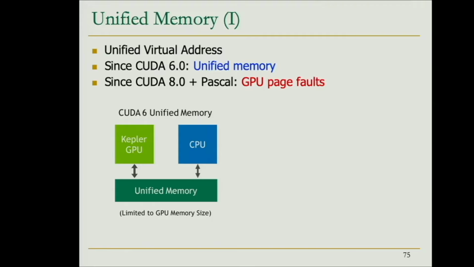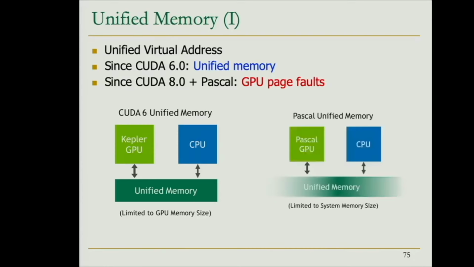Unified memory was introduced in CUDA 6 for the Kepler architecture, but by that time it was simply a kind of wrapper that was doing the data transfers for you, but there was no actual unified memory. That came with CUDA 8 and the Pascal architecture, starting in 2016, end of 2016.